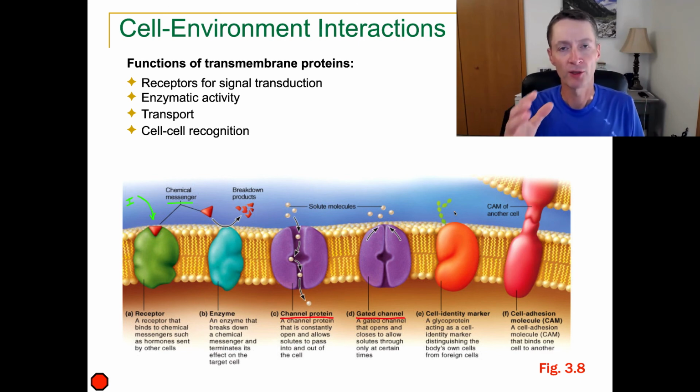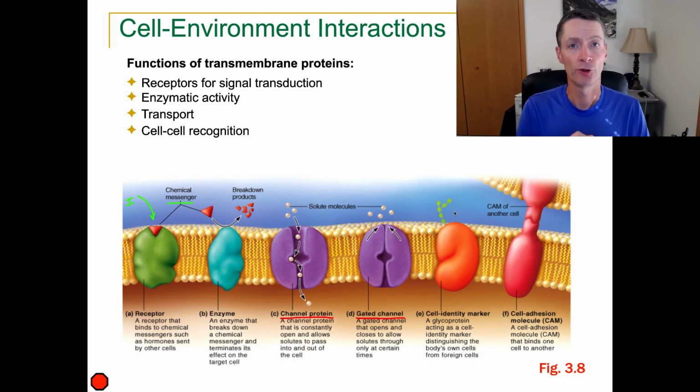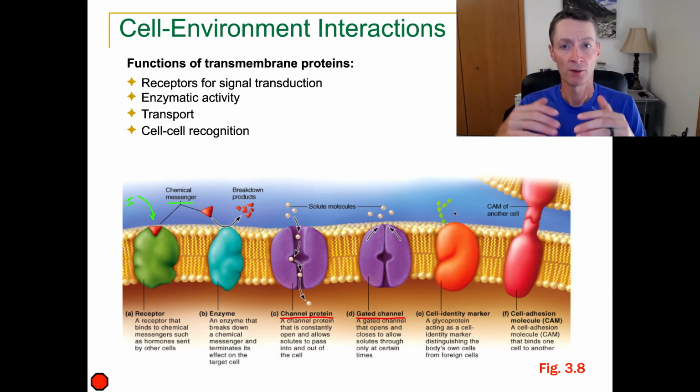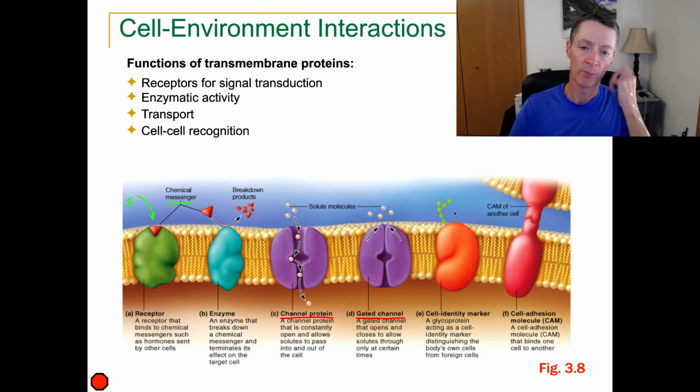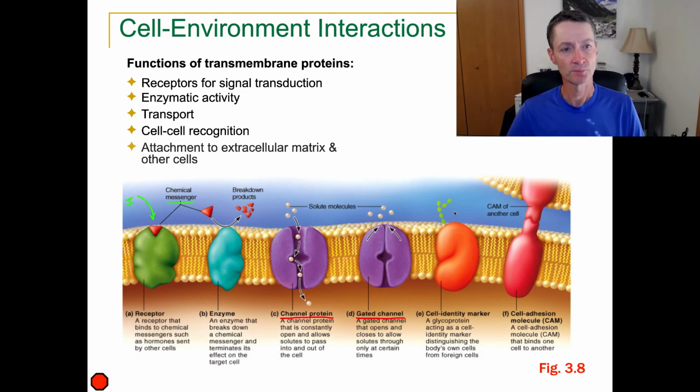Those are ways that you identify me. Your immune system identifies your individual cells as well, okay? It identifies these cells as being normal. It will maybe see viruses and bacteria as abnormal, so it wouldn't recognize those. So cell recognition is an important function of proteins.